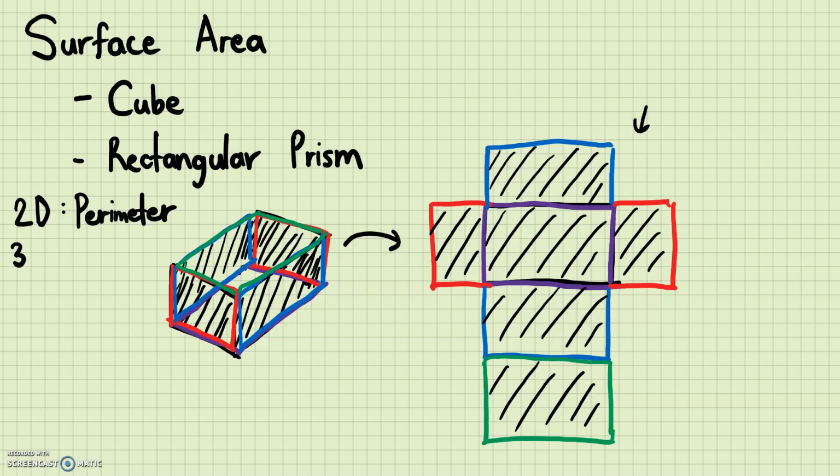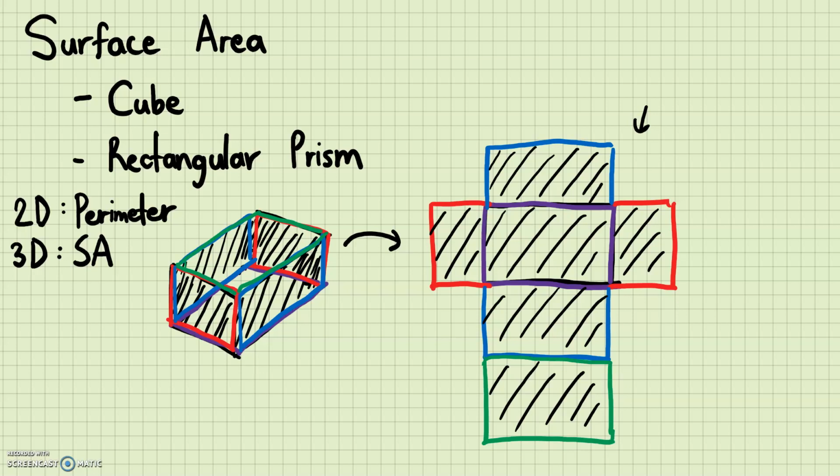In 3 dimensions, we have the surface area to show the outside shapes, or the sum of the outside shapes, that we need to know how much stuff we need to enclose a 3-dimensional shape. So this would be the surface area. And to find the surface area, basically you just need to add all the areas of these rectangles.